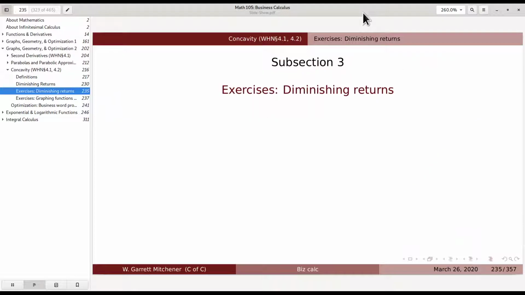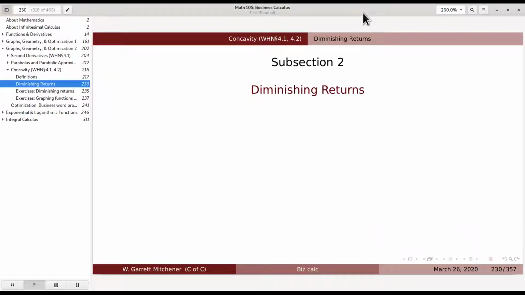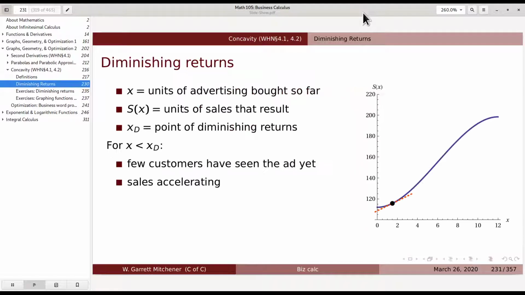Let me back up a little here and show you again the lesson for diminishing returns. We let X be the number of units of advertising bought so far, which may be, for example, minutes on a radio show or 30-second blocks on a TV show, or maybe appearance ads on a search engine.